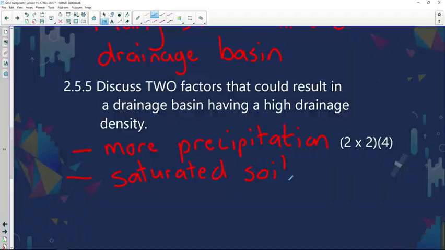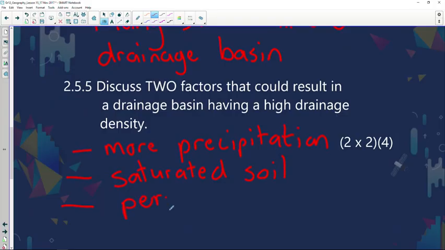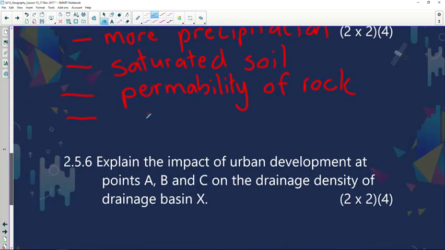Let's say, for instance, on the surface we find clay. It's very difficult for absorption of water to take place, so it's going to promote a high density drainage basin. If the soil consists more of sand, it's rather going to be infiltration. And we can say the permeability of the rock. The gradient, how steep it is. And then lastly, vegetation cover.